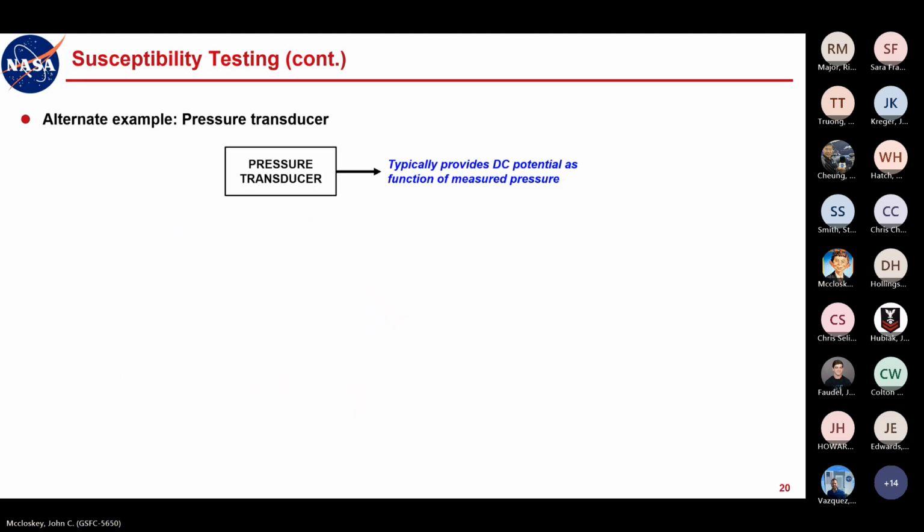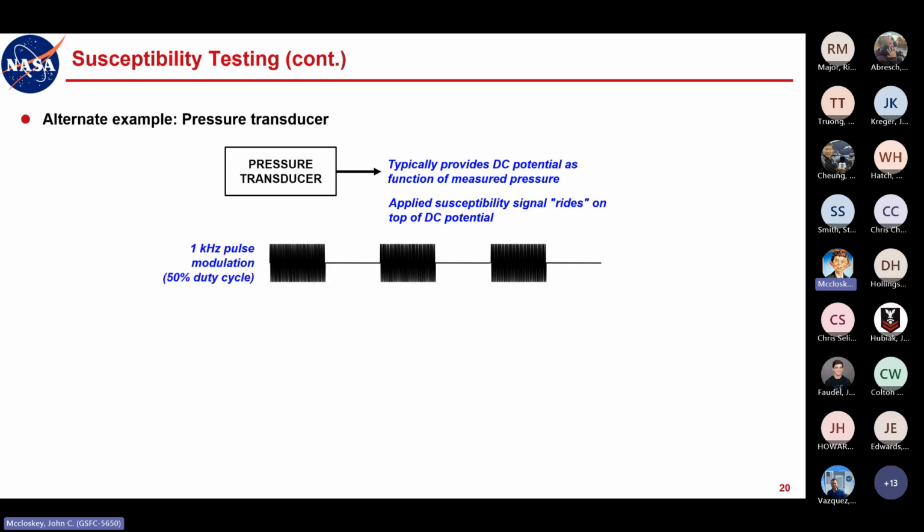Okay. Now, another example is a pressure transducer, where the nature of the device is that it typically provides just a DC potential as a function of the measured pressure. Right. And so the applied susceptibility signal will just ride on top of the DC potential.